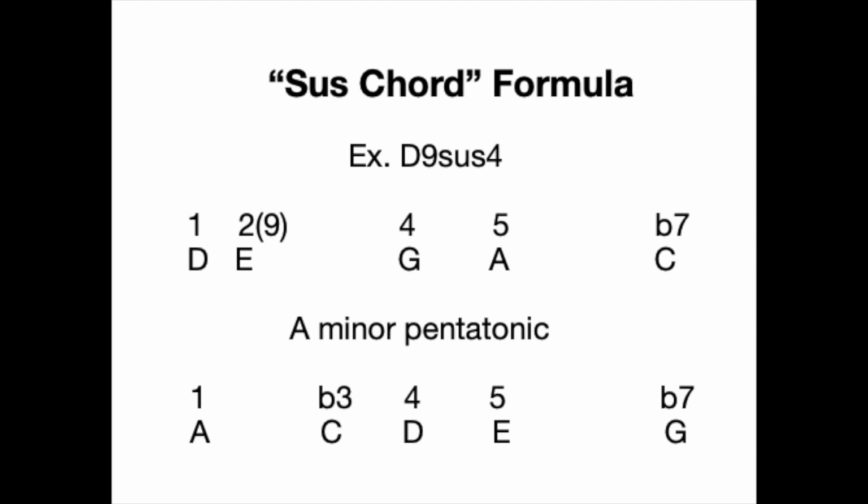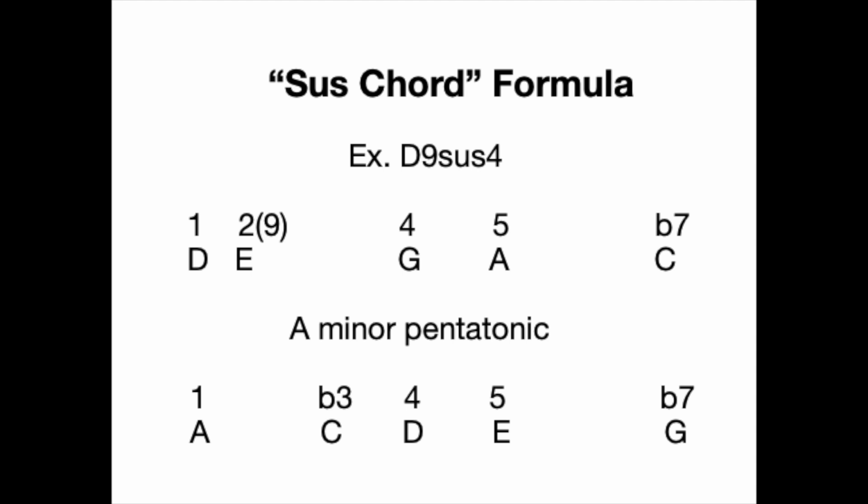But all 5 notes in the D9 sus chord are also available in that A minor pentatonic scale. So a good cheat, especially for those of you who really know the minor pentatonic scale and can use it very easily, is to just go to the 5th of a sus chord and play that pentatonic.